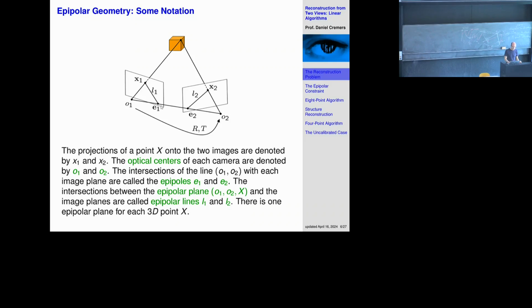Then you have these lines that connect your 2D coordinate with the epipole. They're called epipolar lines. So for every 3D point x, you have 2 2D projections, x1, x2, you have the 2 epipoles, and you have this epipolar line.